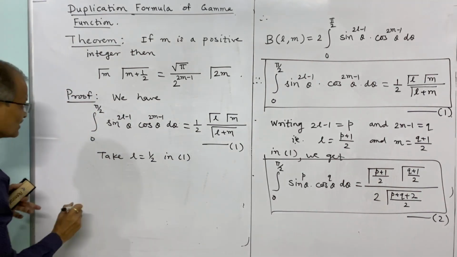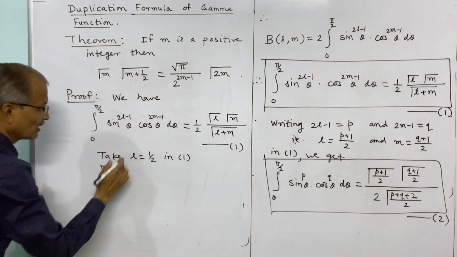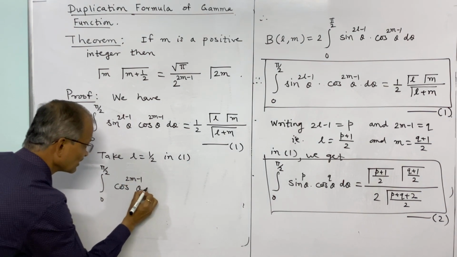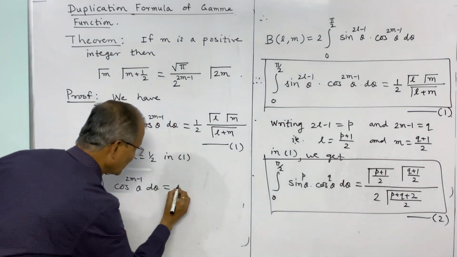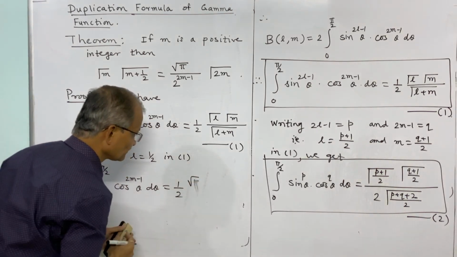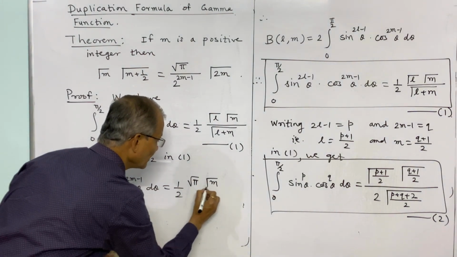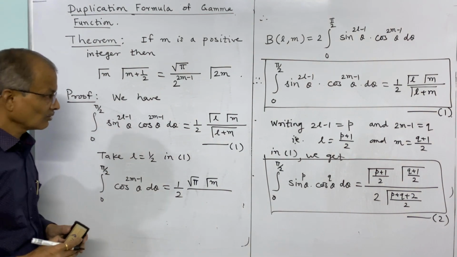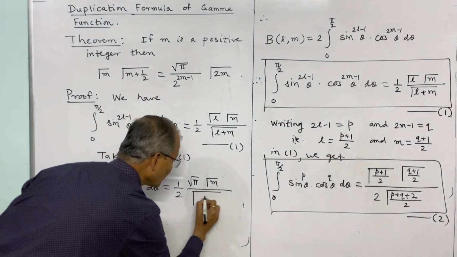So we get integral 0 to pi by 2, this is 1 and this is cos theta to the power 2m minus 1 into d theta is equal to, on the right side it is half, gamma of half is root pi, and this remaining as it is, gamma of m we have not changed, only we have put the value of l as half, m as it is, no change in m, and this is gamma of m plus half.